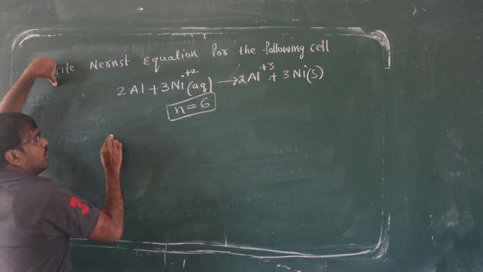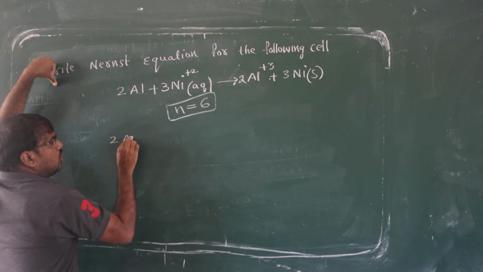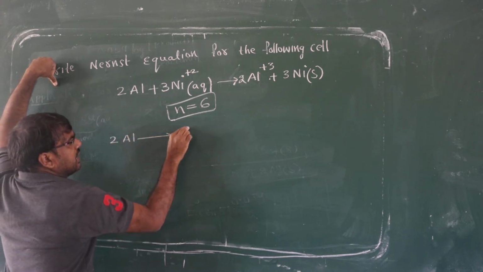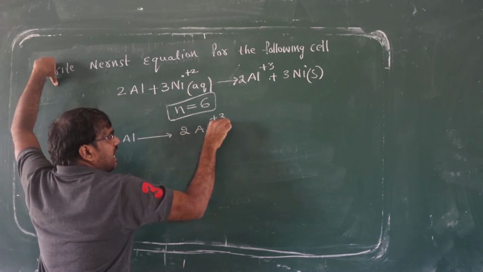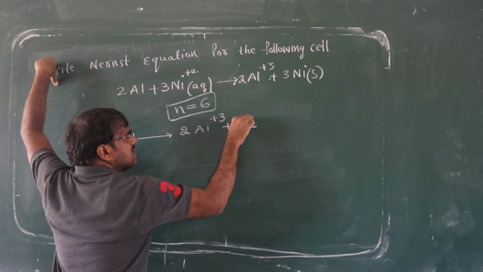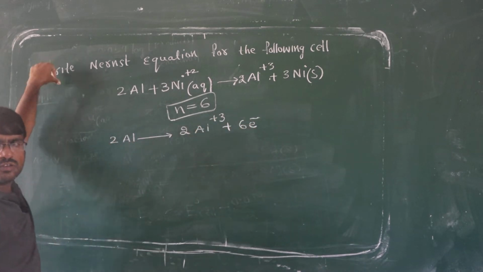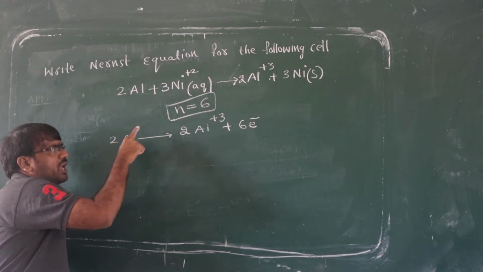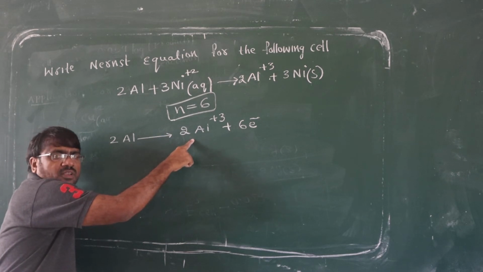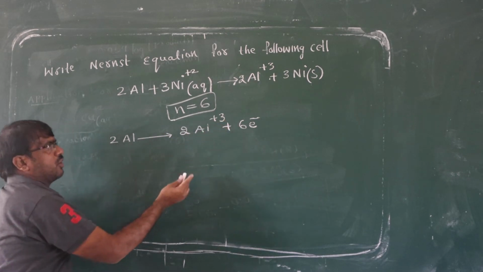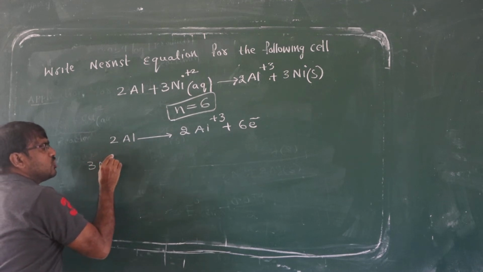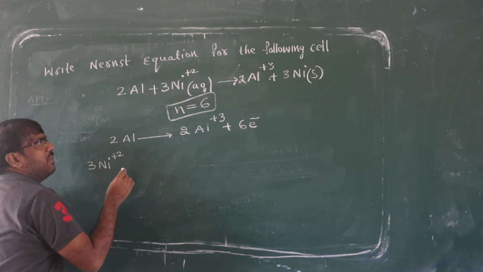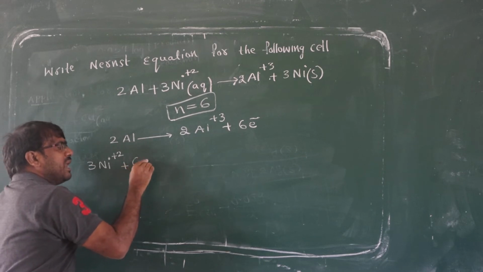Because in this equation 2Al is converting into 2Al3+ by loss of how many electrons? 6 electrons. See this equation, 2Al is converting into 2Al3+ by loss of 6 electrons. Next, 3Ni2+ by gaining how many electrons?